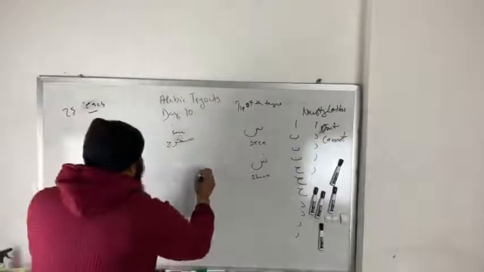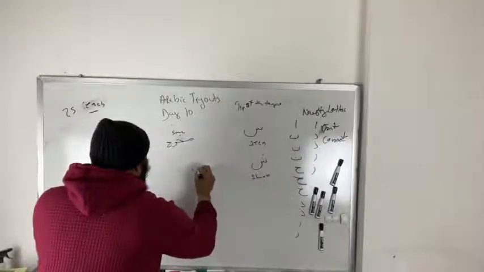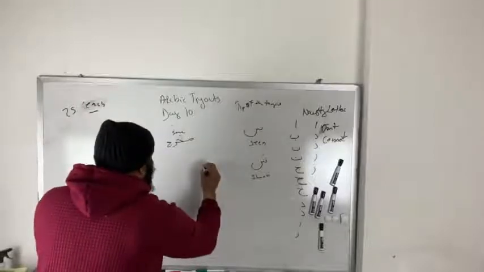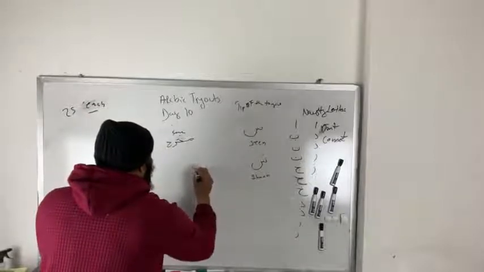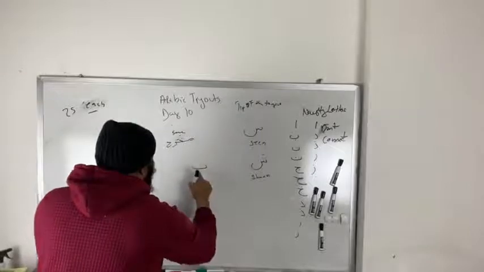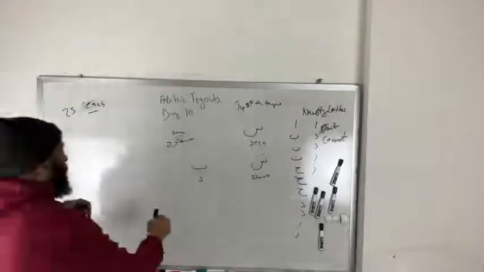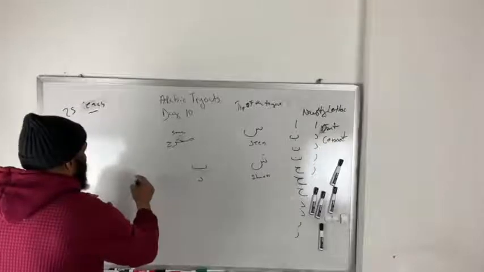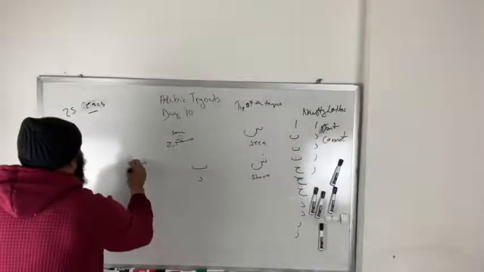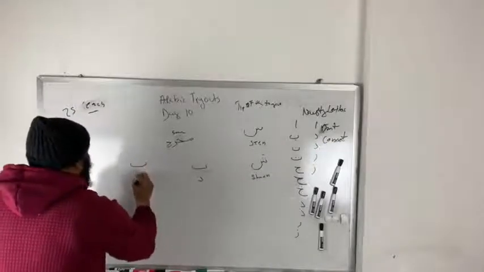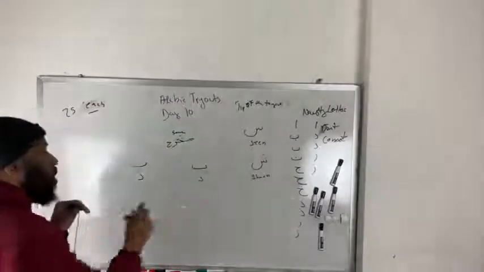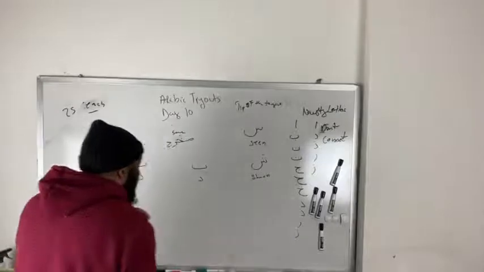Let's look at ta. Tha. Nope. Ta and dal. These two share the same makhraj. Let's look at tha and zal. These two share the same makhraj. We're only going over the letters we covered so far.